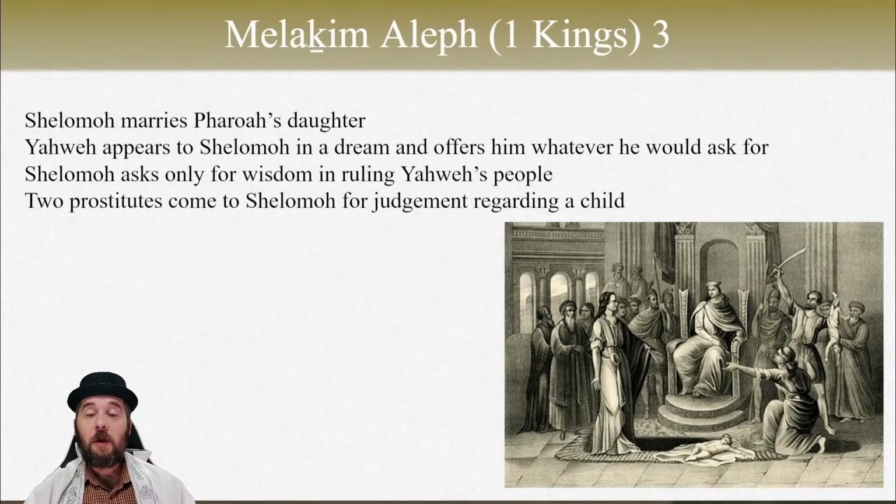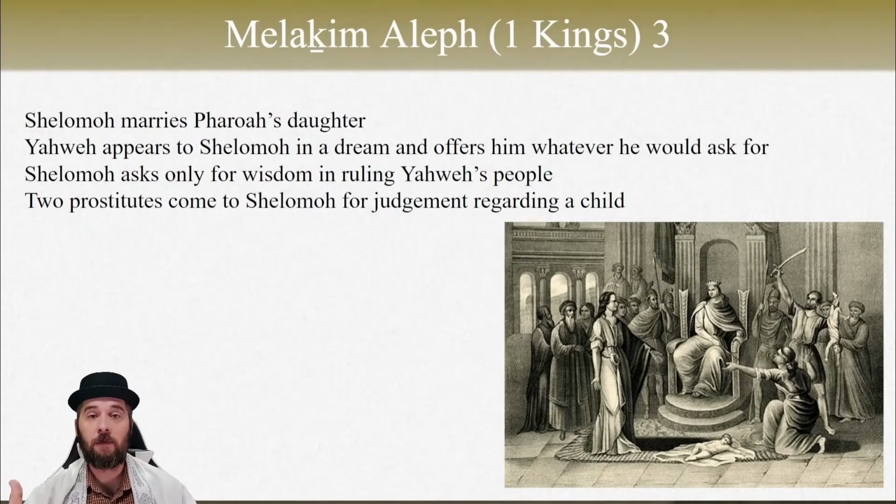The story goes that two prostitutes come to Shlomo, and one says that she had given birth to a baby, and then a few days later, the other prostitute that was living with her in the house also gave birth to a baby, but that the second prostitute had accidentally rolled over on her child in the middle of the night and killed it. As a result, the second prostitute swapped out her dead baby for the living baby to make it seem as though the first prostitute's baby had died.